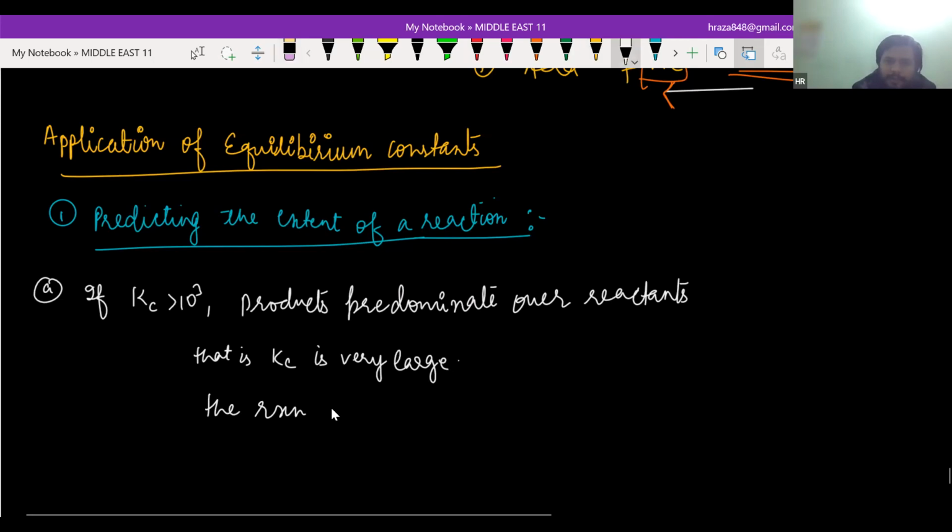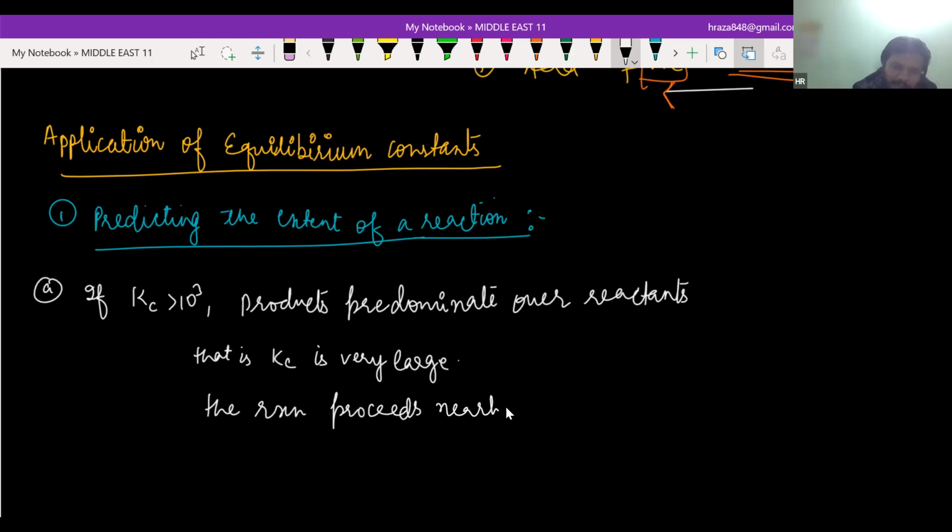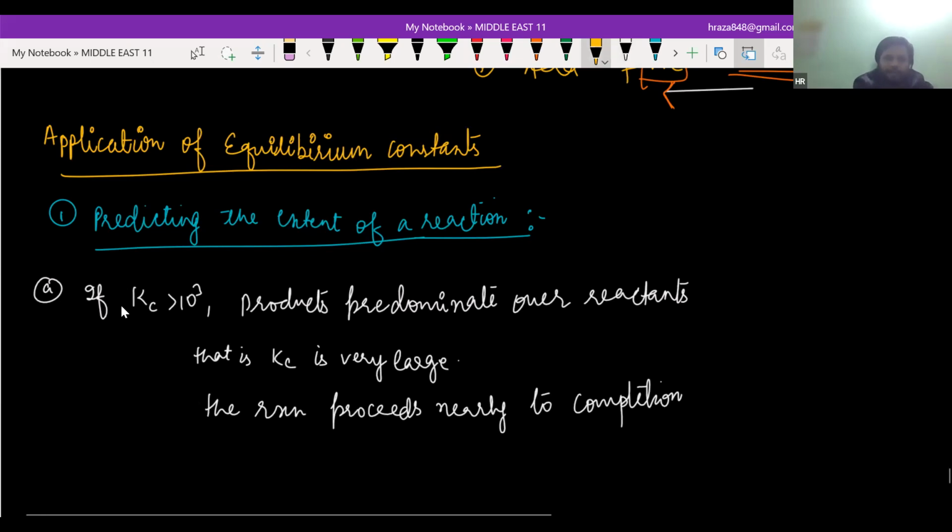The reaction proceeds nearly to completion. That means very little reactant will remain. The reaction is basically completed by converting reactant into product. We can say approximately all the reactant is converted into product if Kc is greater than 10 raised to the power 3.